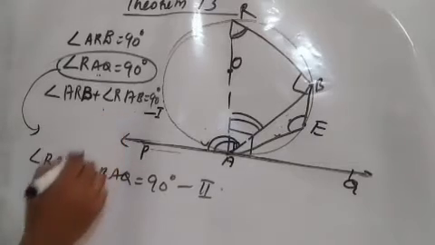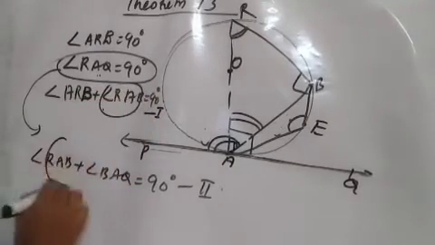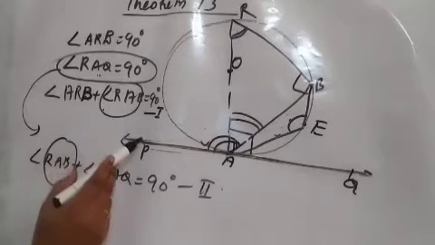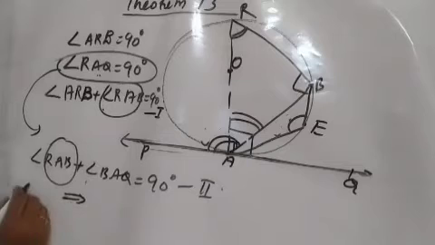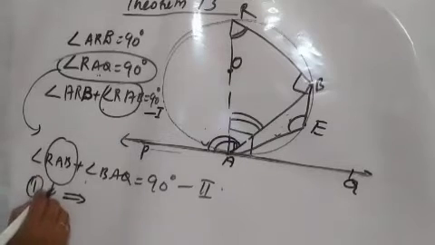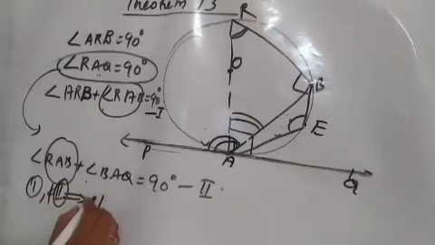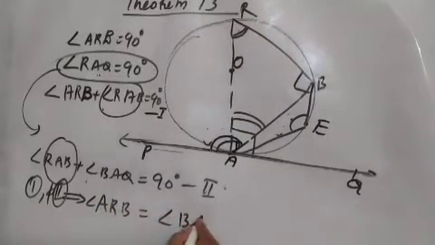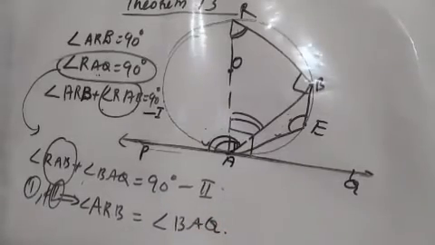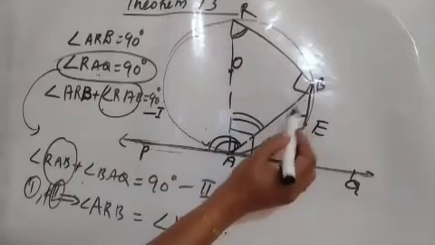So on comparing these two equations, RAB is common to both. The sum of them is 90 degrees here, and here also the sum of these two is 90 degrees. Which implies, from 1 and 2, angle ARB is equal to angle BAQ.